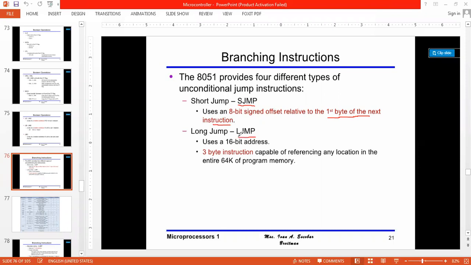Then LJMP. LJMP stands for long jump. So here we are jumping for a 16-bit address. So 16-bit stands for total what? 2 raised to 16 is going to be 2 kilobytes, I think.